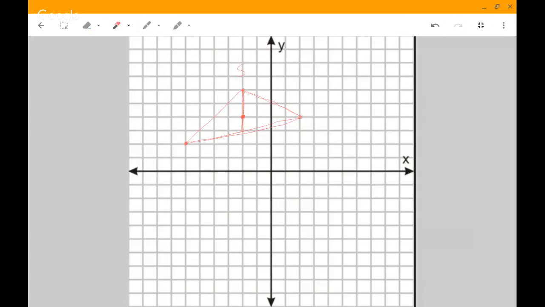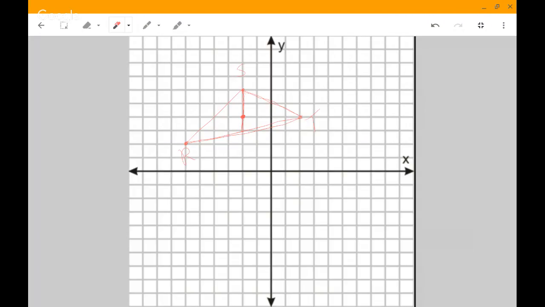What part of RT? Where does a median hit the side? At the 2 points. No. At one point. What do you call this point right here where it's touching that side?